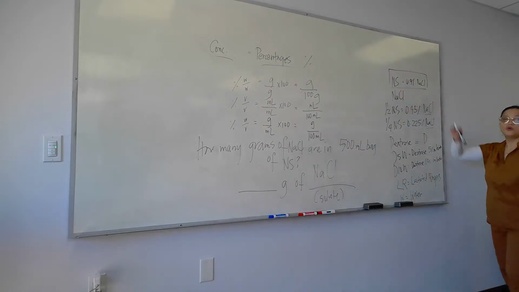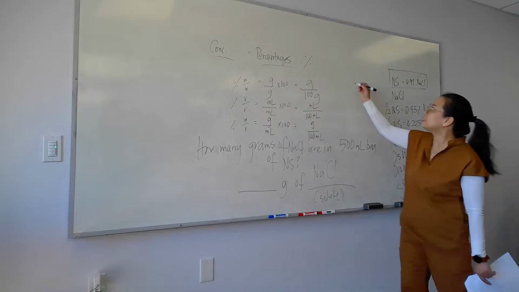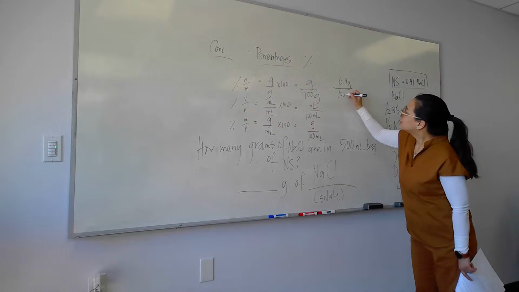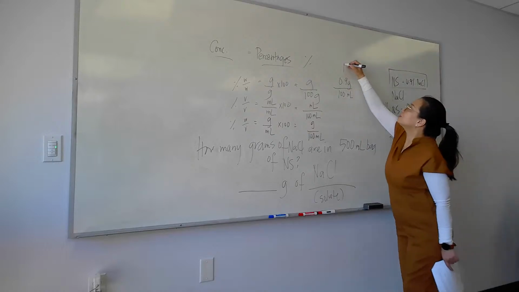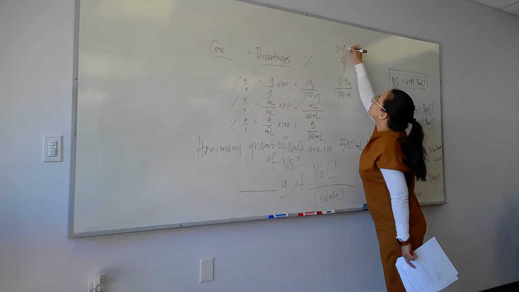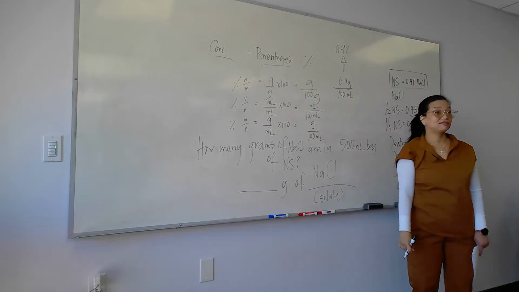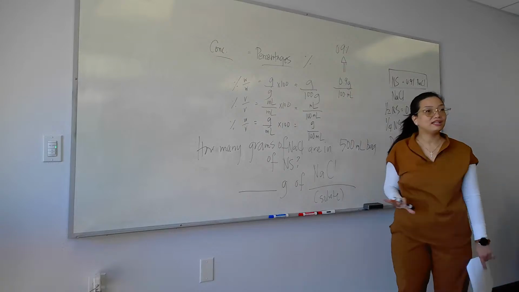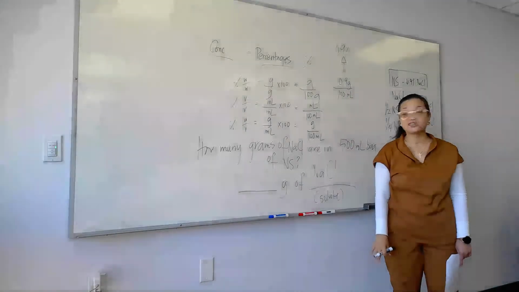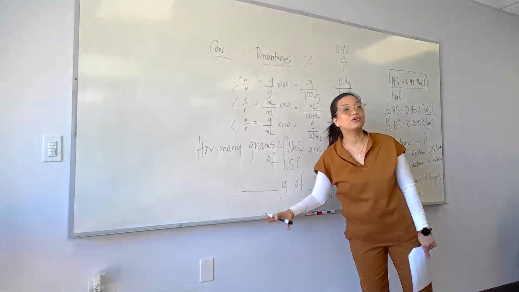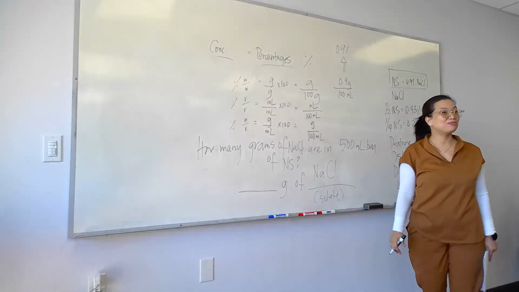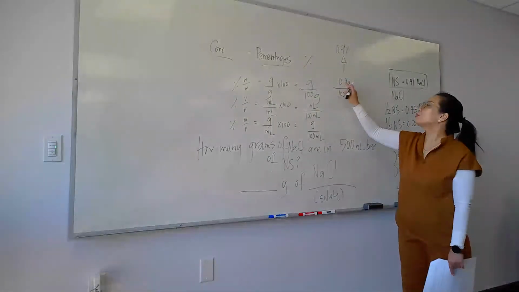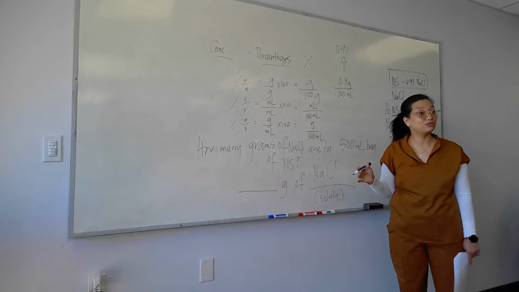We know that no matter what, a normal saline will always be 0.9%. Ratio and proportion is just easier because it's asking me how much sodium chloride is in a 500 ml bag, and 0.9% is 0.9 grams for every 100 ml of the solution.